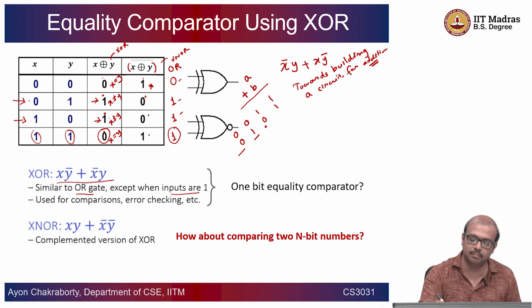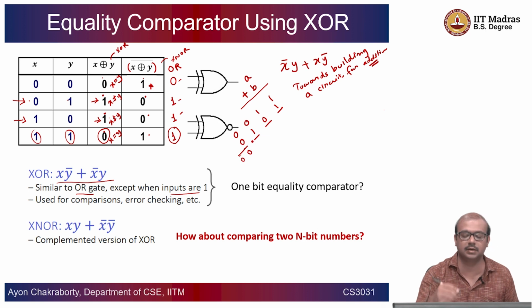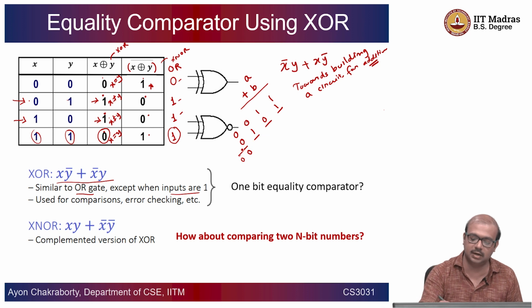If you add them individually, 0 plus 0 is 0, and no carry is produced. If you have another output called carry, that is not produced. 0 and 1, same thing, 0 plus 1 is 1 and no carry is produced. 1 plus 0 is the same, it is 1 in the sum place, and the carry is 0.